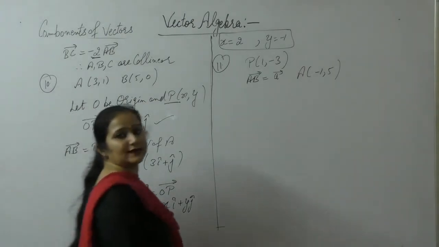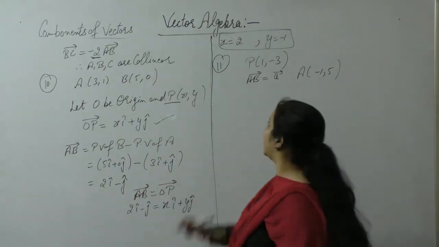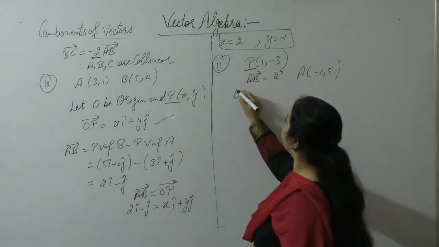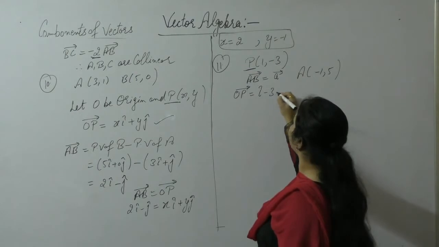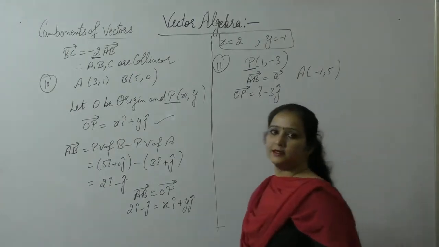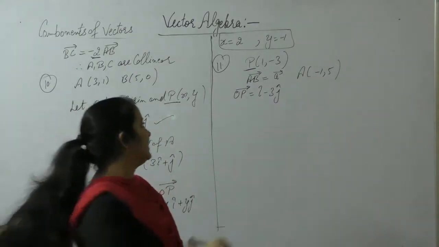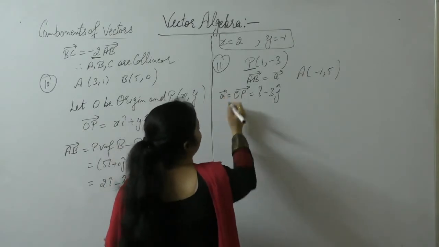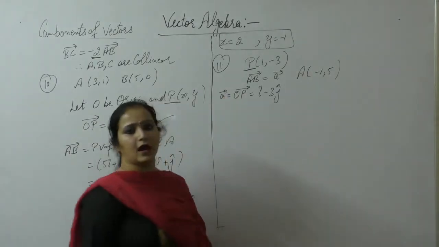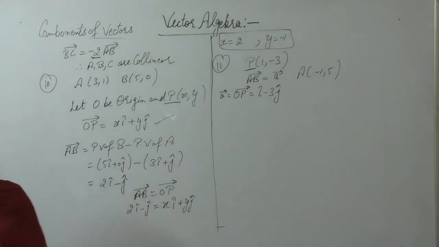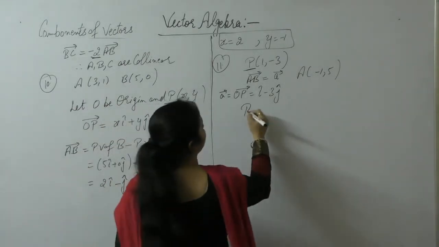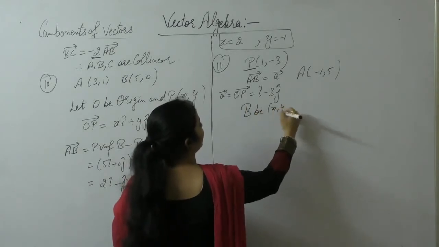Let O be the origin and P is the required point. Then OP vector is i cap minus 3 j cap. Let this be vector A. Now let the coordinates of B be (x, y).